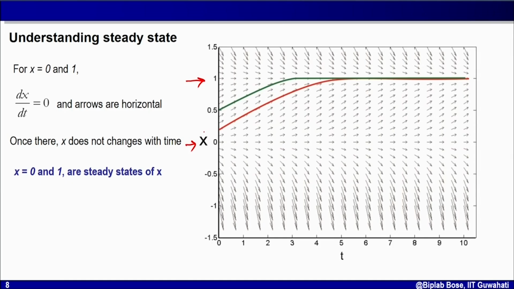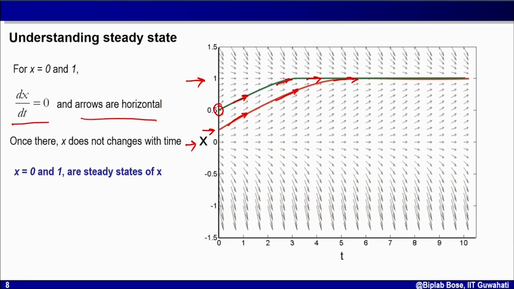When I start at an initial value of x of 0.2, I move along this integral curve and eventually land up at dx/dt equal to 0 at x equal to 1. Similarly, when I start at 0.5, I follow this green line and eventually reach x equal to 1, where dx/dt becomes 0.